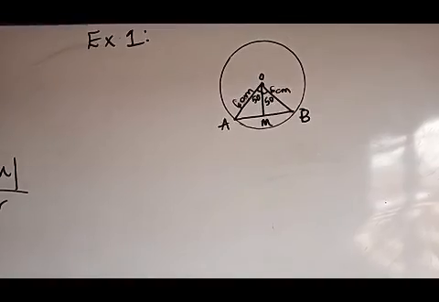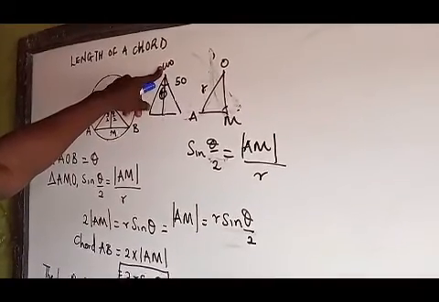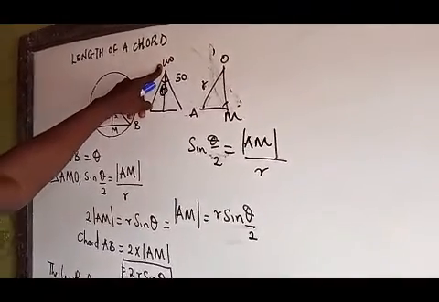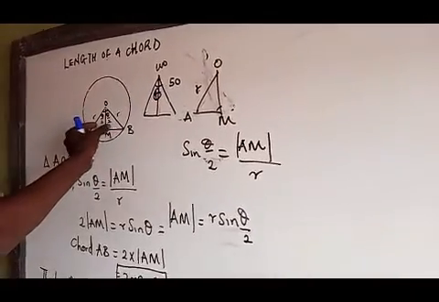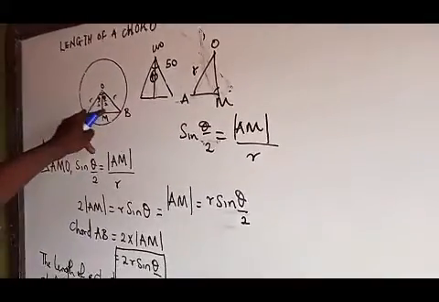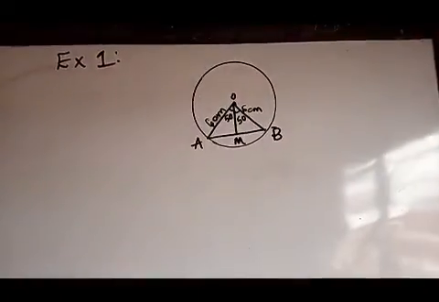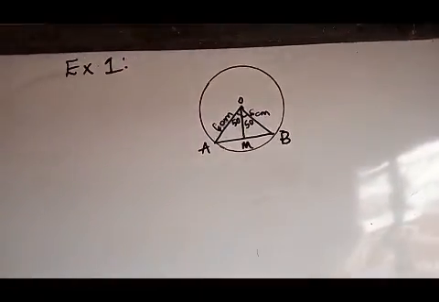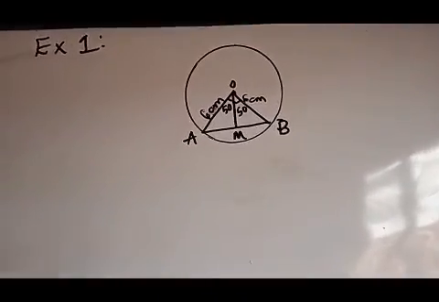Like I told you, if your theta is 100, by the time you are coming to the circle, you have to divide it by 2, which makes 50 degrees. That's why I divided this into 2, having 50 and 50.